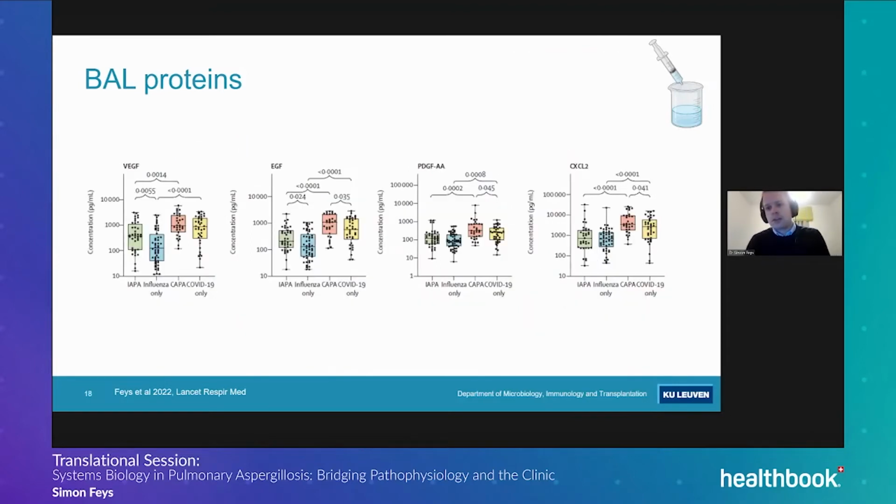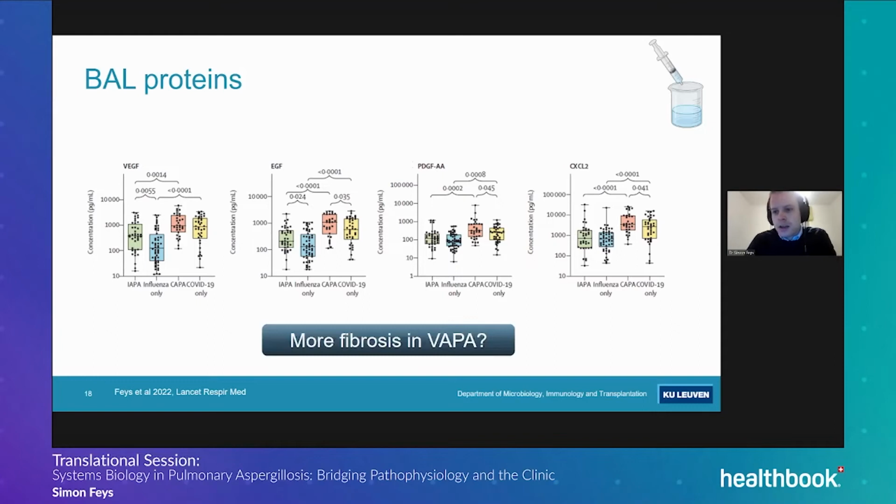The most striking result from our protein analysis was that we saw significantly higher concentrations of VEGF, EGF, and PDGF-AA, which are growth factors, in the aspergillosis patients compared to the non-aspergillosis patients. This is very interesting given that these growth factors are all related to the development of lung fibrosis, and VEGF also to the development or severity of ARDS.